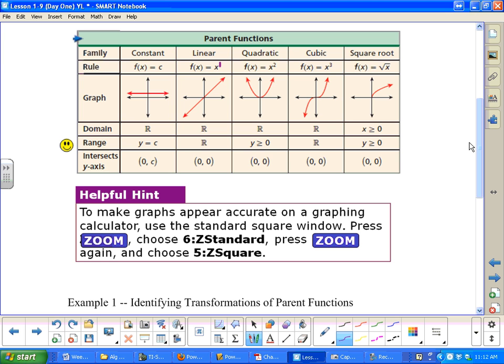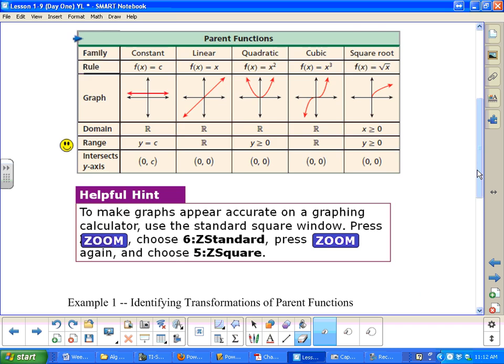Caitlin, which one is that? Which one does it look like here? If I have x minus 3, which one does that look like? Is it constant, which would be just a number? Is it linear, which just has x to the first power, quadratic, x to the second power, cubic, x to the third power, or square root? Linear.